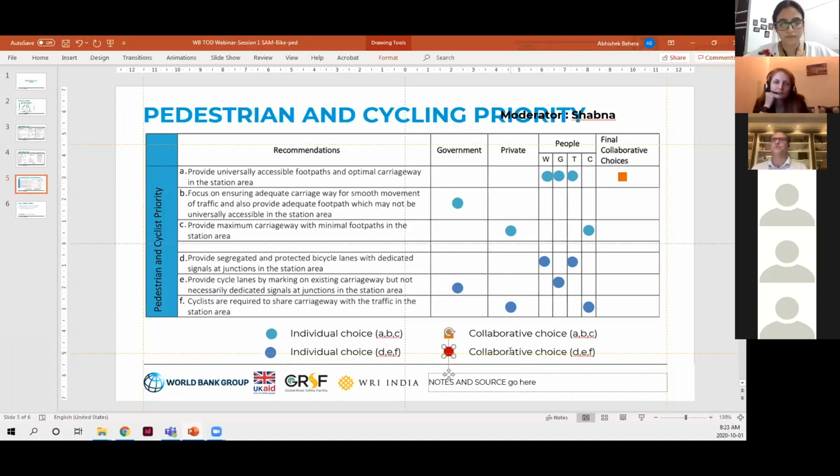I think this one is much more mixed in my view. Yes, of course, it would be nice, in theory, to have a protected bike lane and a dedicated signal and junction, but that's kind of going over the top from my perspective, based on the feedback I heard.